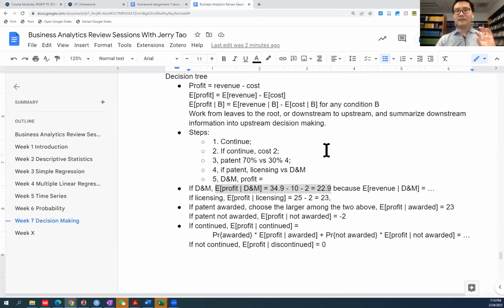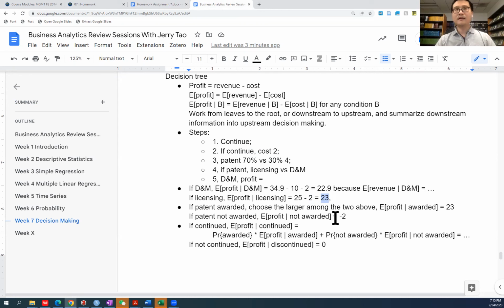So we already know we chose licensing, then the expected profit would be 25. That's the revenue of licensing, right? Minus 2, because that means if we got the license, that means we already continued the project. So we remove the $2 million cost of continuing the project. That's how I derived the 23 of expected profit if we pursue licensing.